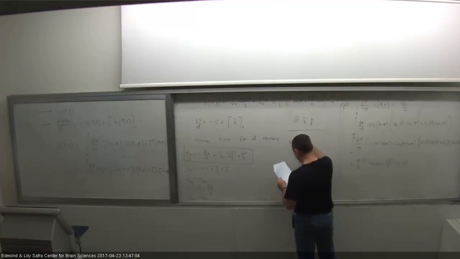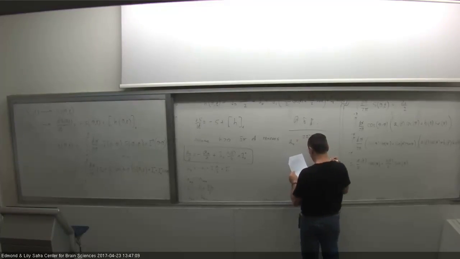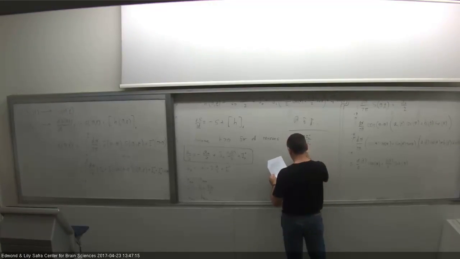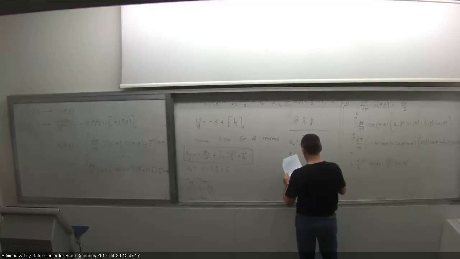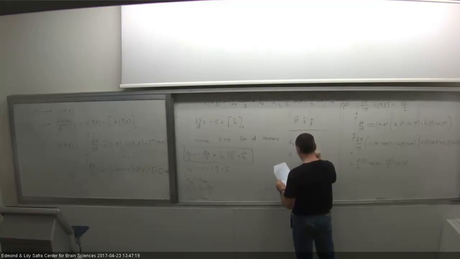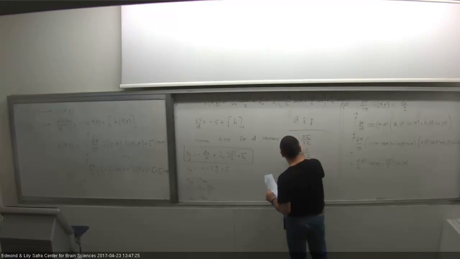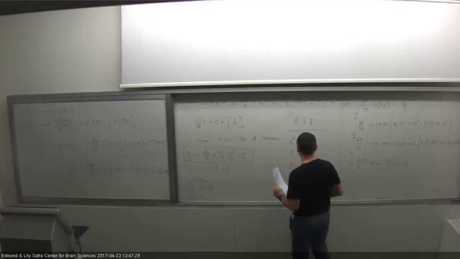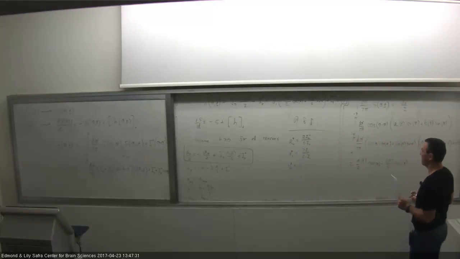We'll have A0 is equal to, if I'm not mistaken, 2I0 divided by 1 minus J0. We'll have A1 is equal to 2I1 over 2 minus J1 at a fixed point. We have Bn at a fixed point being equal to 0.